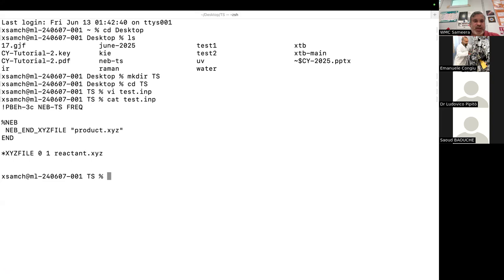So now let's create the reactant input file.